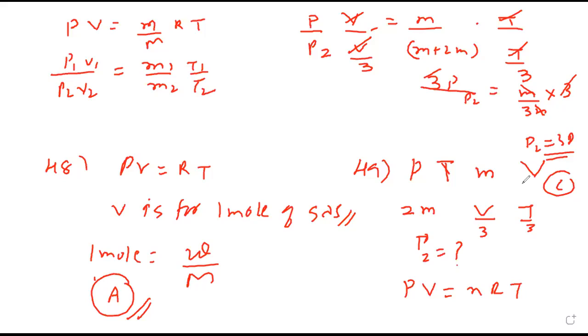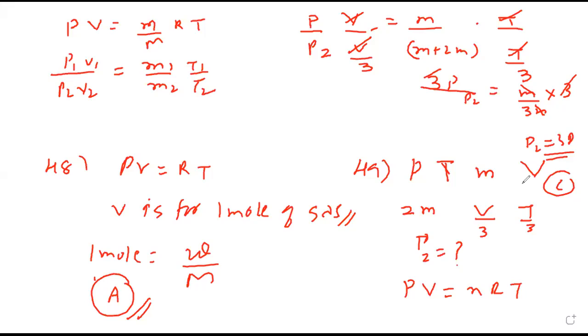Sir, question 48 answer should be C, no? 48 answer is any amount of gas. A is written, A. Sir, but 1 gram molecule is 1 mole only. 1 gram molecule is not 1 mole. 1 gram molecule is nothing but 1 gram. 1 mole is molecular weight of gas. 1 gram molecule is not 1 molecular weight.